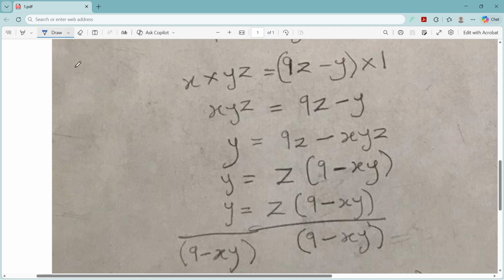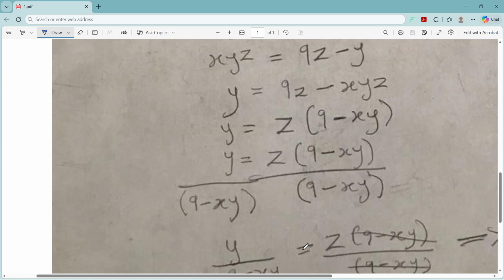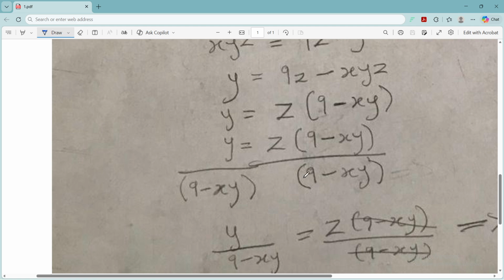So we cancel out this 9 minus xy, or in brackets 9 minus xy, which would cancel itself out as exhibited here, right?